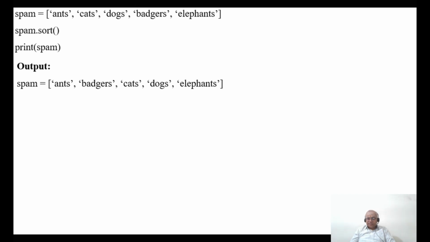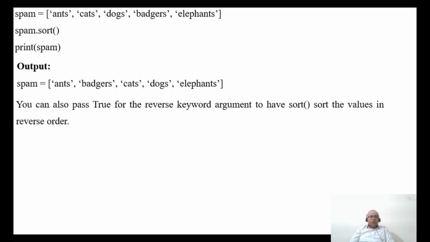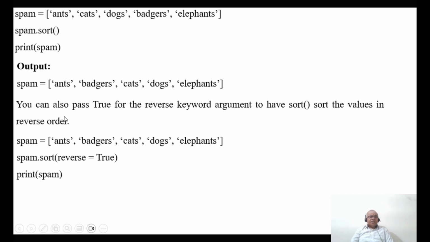by using the sort method. You can also pass True for the reverse keyword argument to have the sort method sort the values in reverse order. What does it mean? Suppose you have spam equals ants, badgers, cats, dogs, elephants.